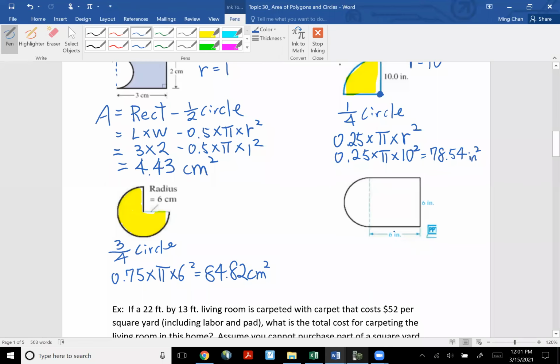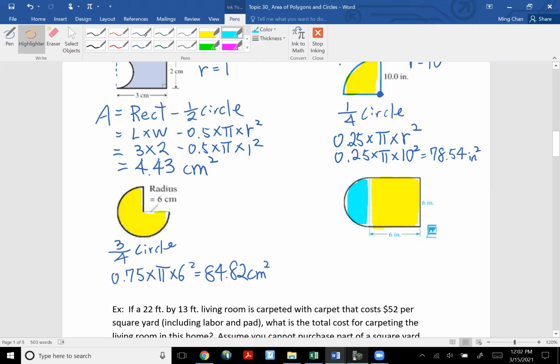Now this one right here, remember, to find the area of a composite figure, this is a square. This is different from the perimeter. With the perimeter, where the student messed up was adding in a side, but this dashed line is not on the outside. That's why it was half a circle plus 3/6.